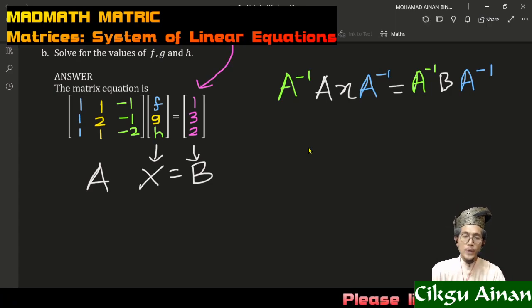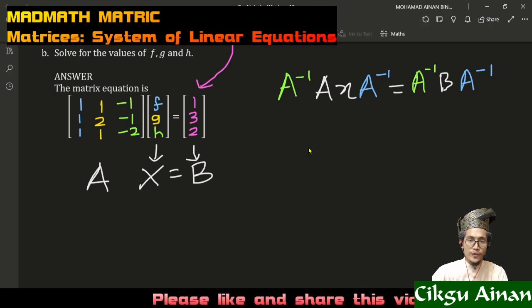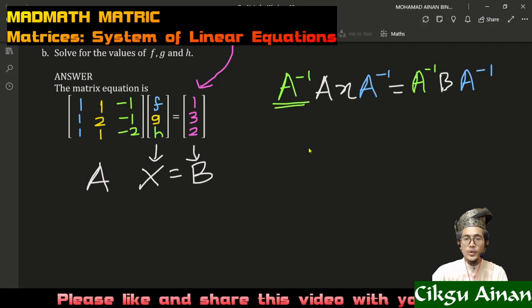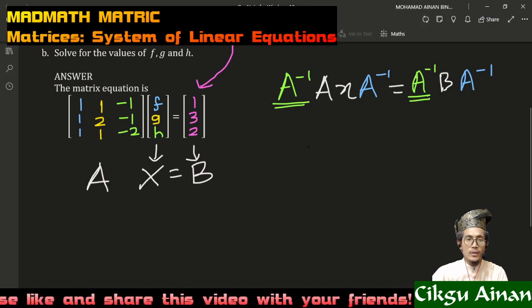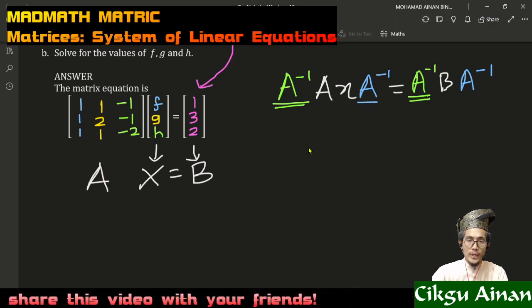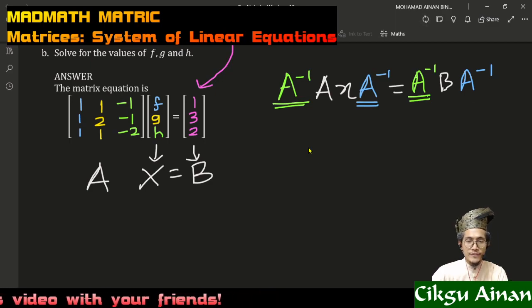No problem, but you have to be consistent. If you put A inverse over here, you must put it over here as well.